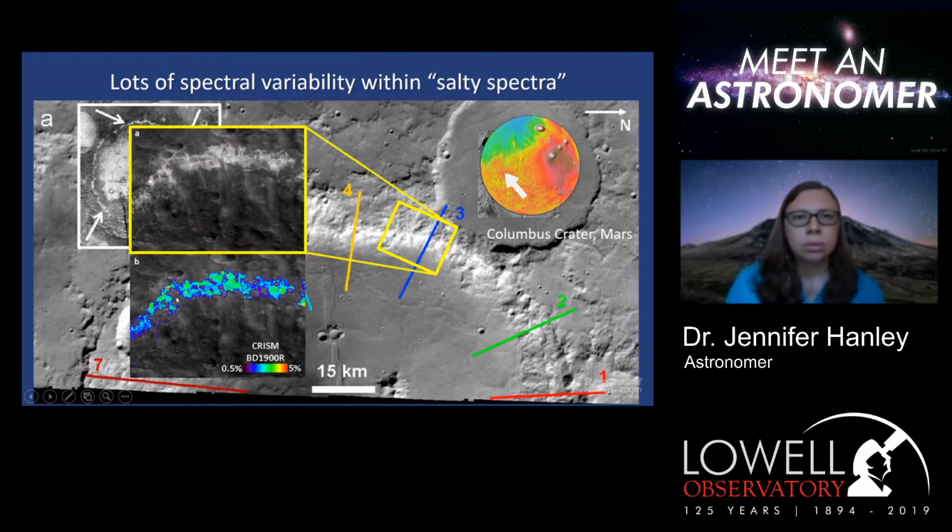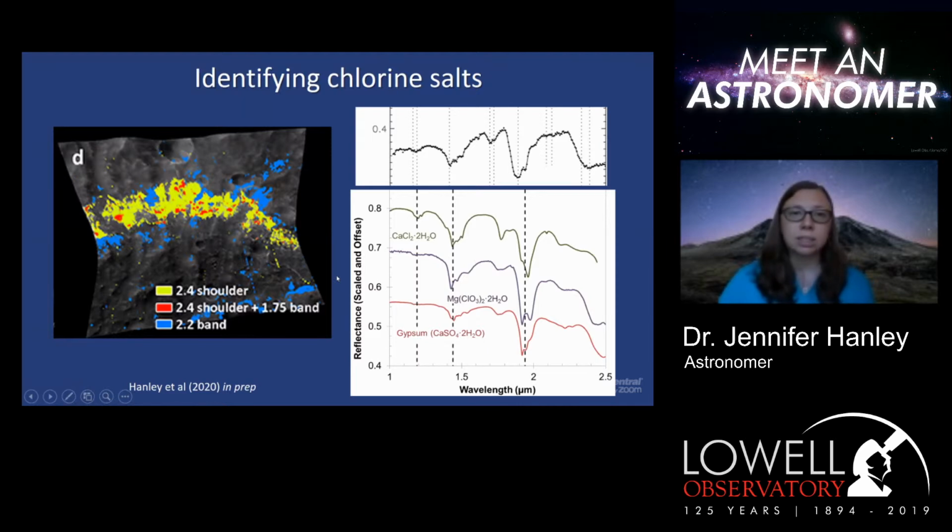We started to try and parameterize the spectra. We're looking at the depth of that 1.9 water feature, and you can see here that we have varying depths. So we combined different parameters. We're looking at a 2.2 band perhaps, or in this case, this 2.4 shoulder.